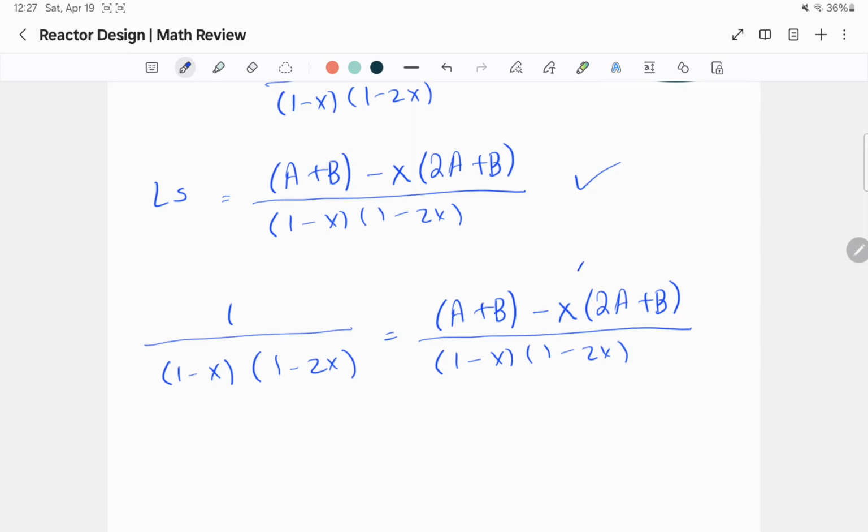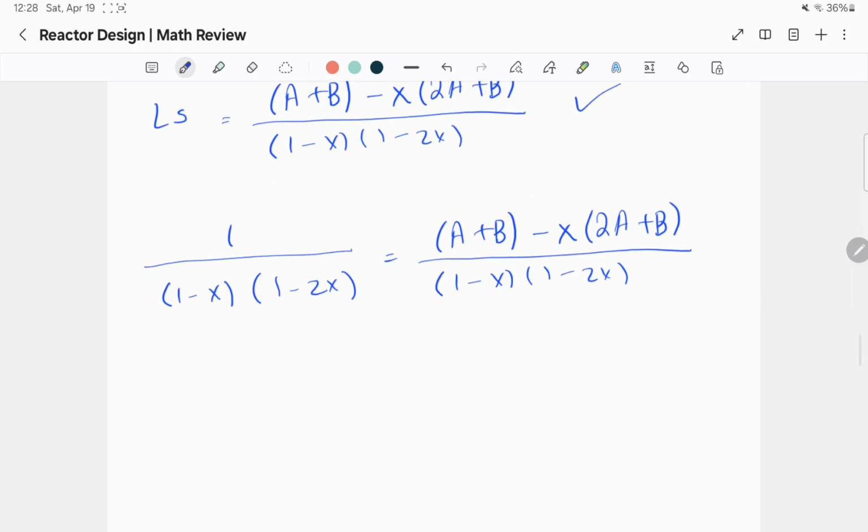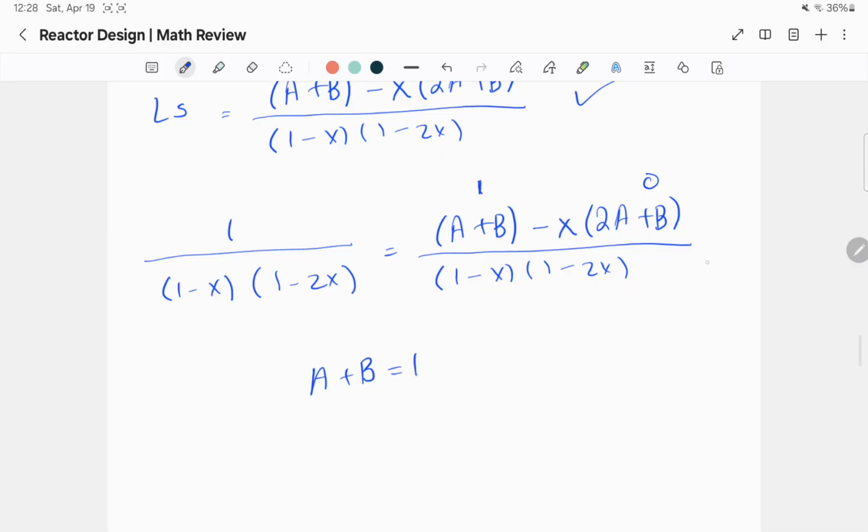That means we need to get rid of this term here, otherwise this numerator will not equal the left side numerator. Therefore, this term must equal 0. This term must equal 1 for this numerator to equal this numerator.